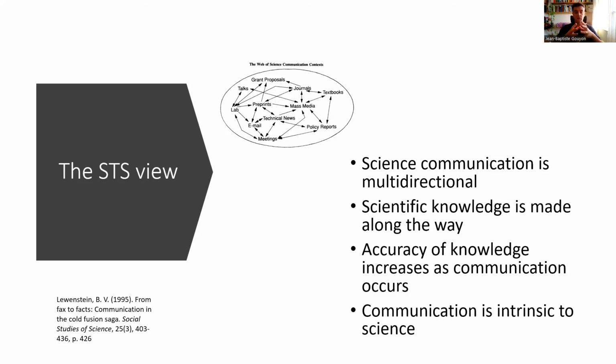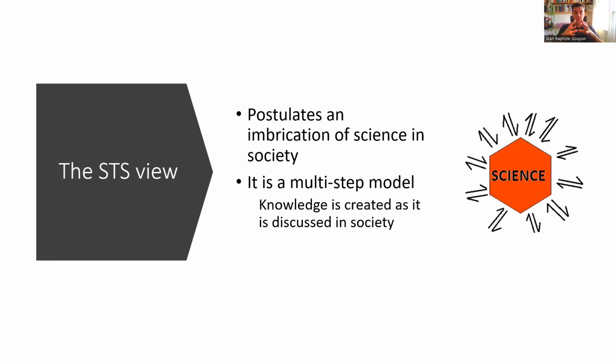So it's not something which is separated or happens alongside science making, but it is part and parcel of science making. So as you can see, it is a multi-step model, but not a linear one. It is all happening at the same time.